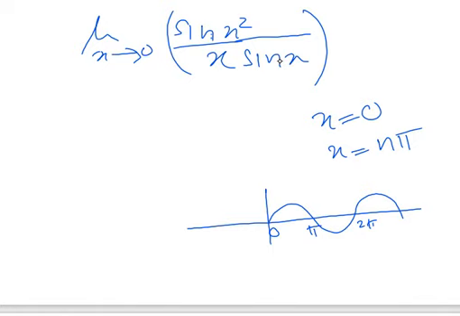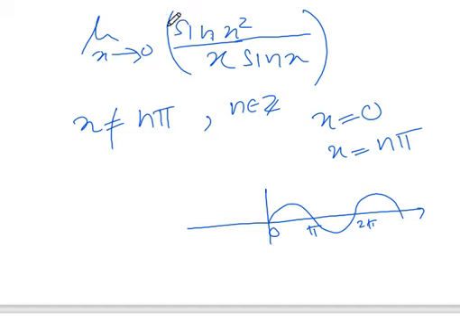Yep, the sine curve is hitting the x-axis at multiples of pi. So we have to remove all these points if we want to define this rational function. So here we consider x is not equal to n pi, where n is an integer.